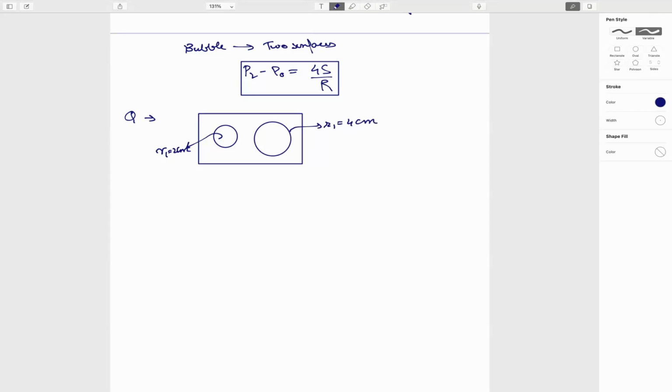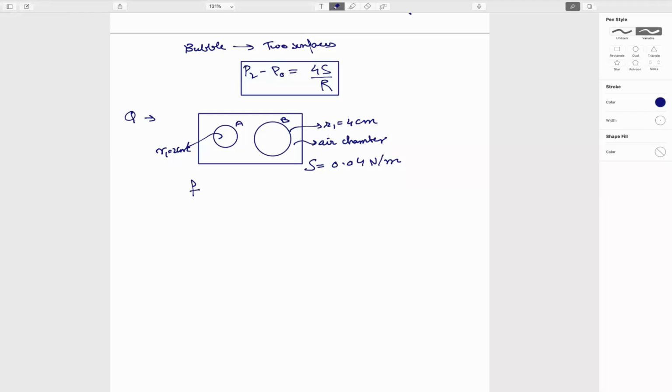This is the air chamber. Surface tension is given as 0.04 Newton per meter. So that's the surface tension of this soap with air.